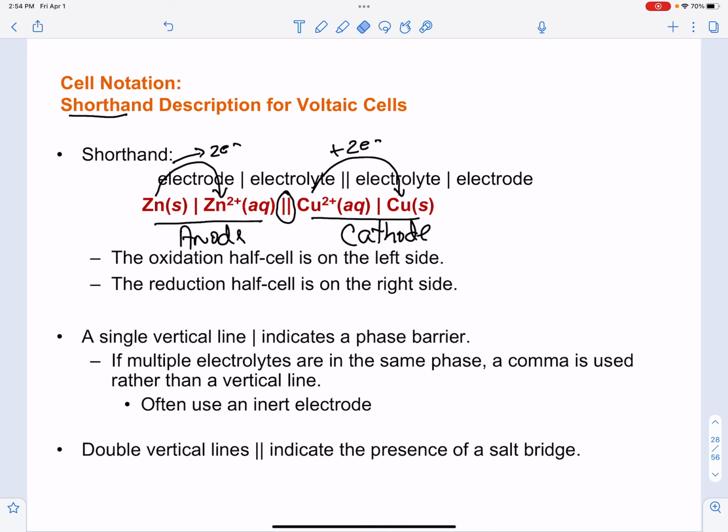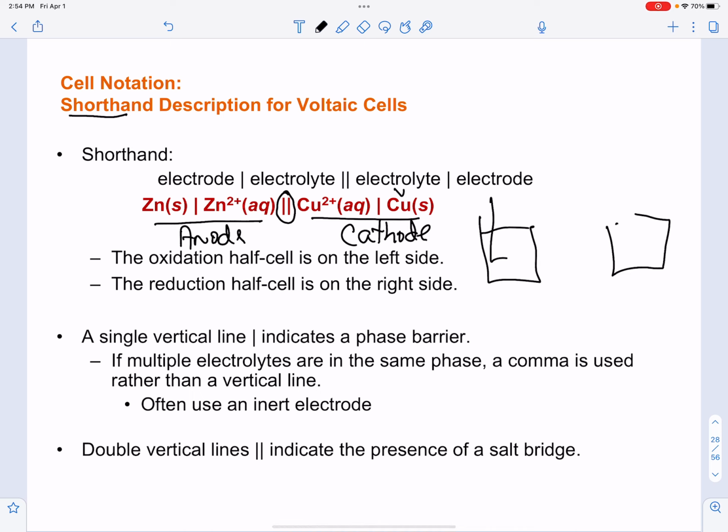So if I were doing a drawing of this, I will do something like this. I will have 2 beakers. In one of them, I will have copper and copper 2 plus in the solution.